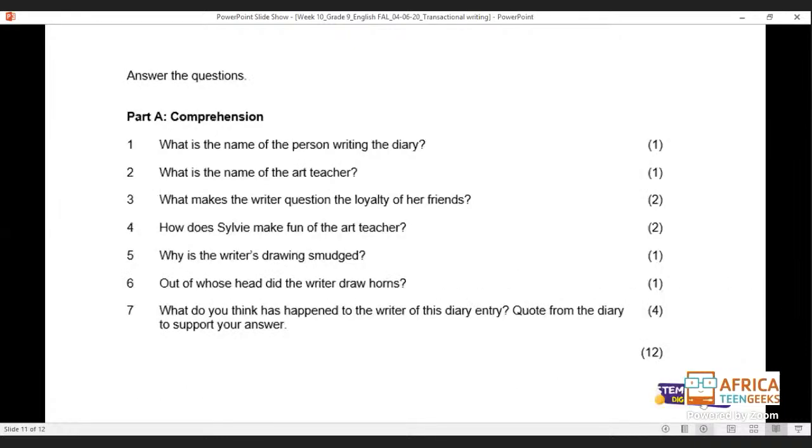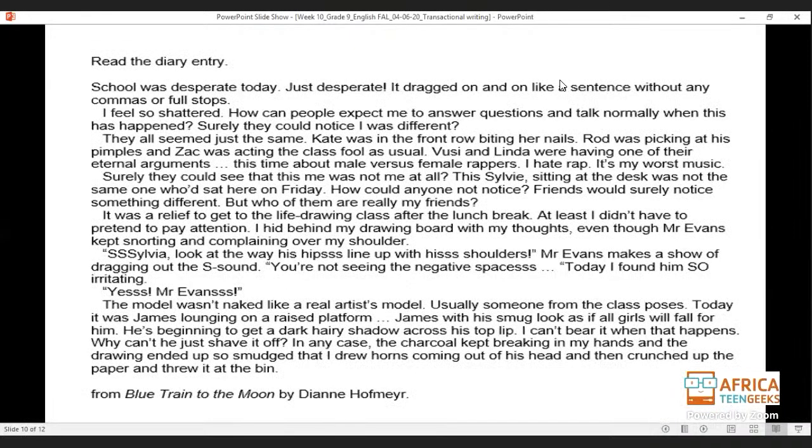Just in case you forgot the question, why is the writer's drawing smudged? Amasha says the charcoal kept breaking in her hands. The charcoal kept breaking. Yes, Paula. Yes, the charcoal kept breaking. Thank you for those answers.